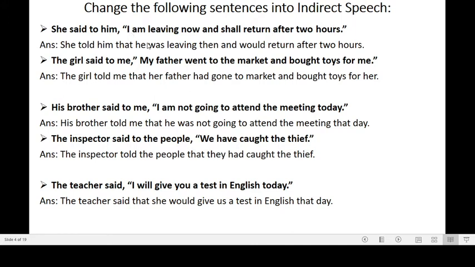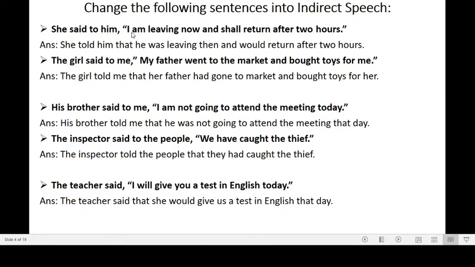Here I, the pronoun, becomes he, and am leaving, present continuous, will be changed into past continuous like was leaving. Now will be changed into then, and shall will be changed into would. Shall or will be changed into would. Return after 2 hours. So in this way the sentence is changed.